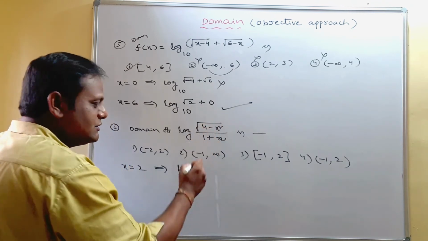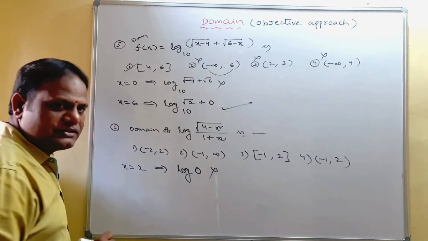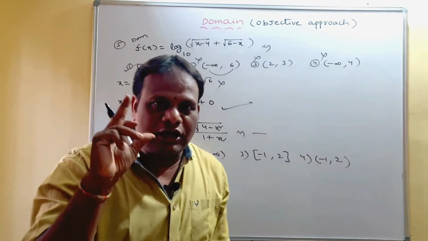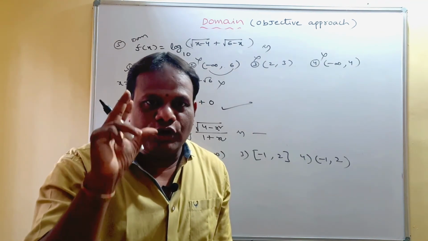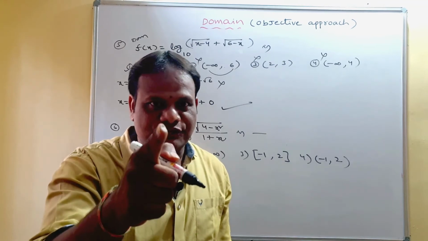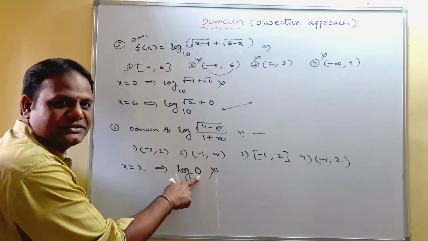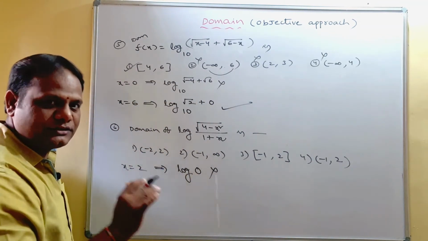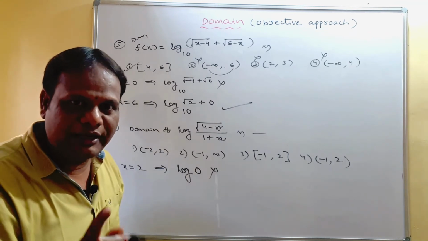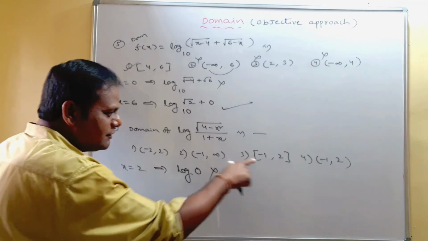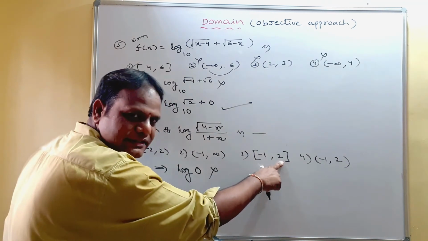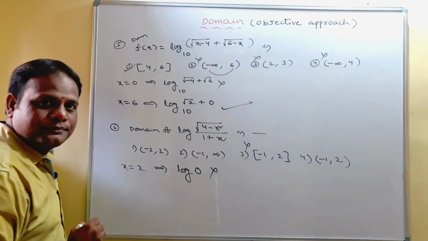That is what? 0. Log 0. Is log 0 defined? No. Log function is defined only when the input is positive. But here it is 0. So not defined. So can we take x equal to 2 in domain? No. But here is 2 there? Yes, closed 2. So it is wrong.